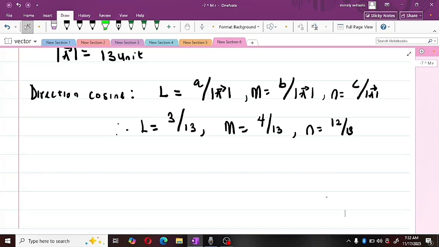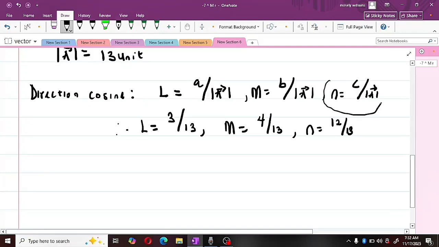You will agree with me that when we are talking about the z-axis, we are talking about n, right? So we can now recall that cos gamma is equal to n, and our n is equal to 12 over 13, right? Very good. So this is the solution to our question.